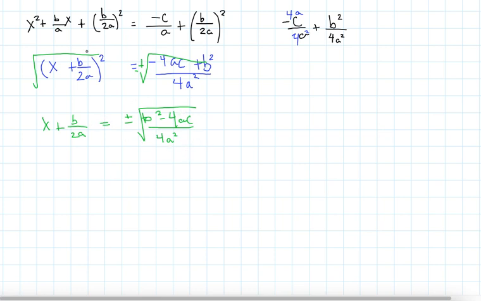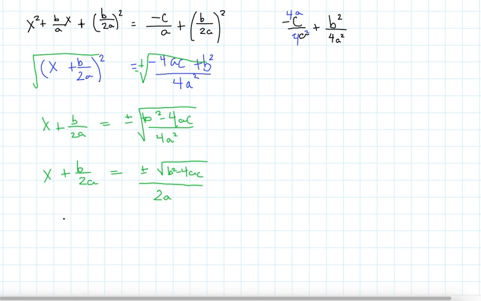Then I'll just rewrite it. So now we have x plus b over 2a equals plus or minus square root on just the numerator, b squared minus 4ac. It's looking a lot closer to the quadratic formula now. And then we'll just take the square root of 4a squared, so we have 2a.